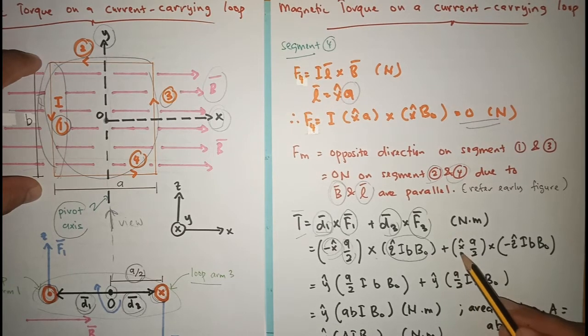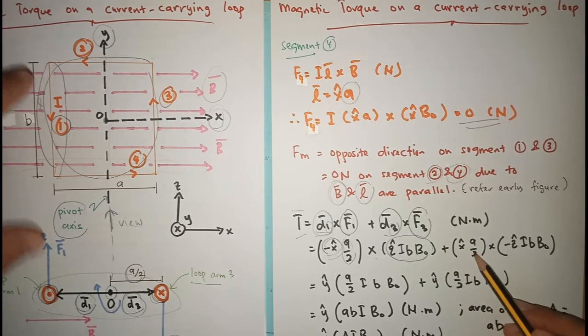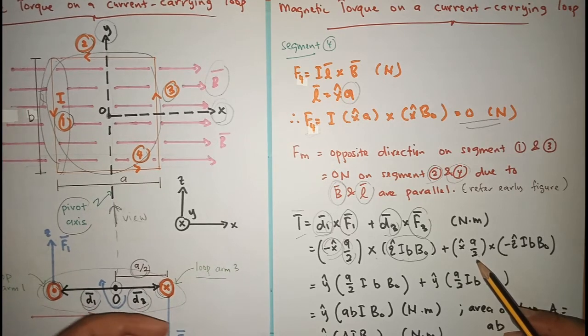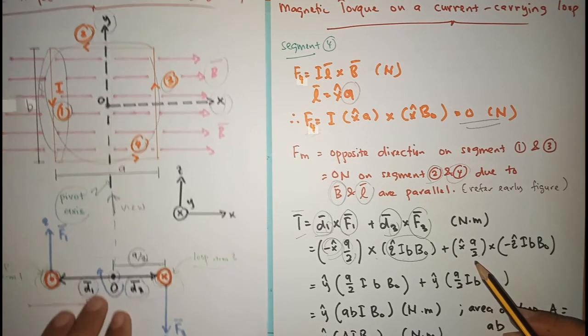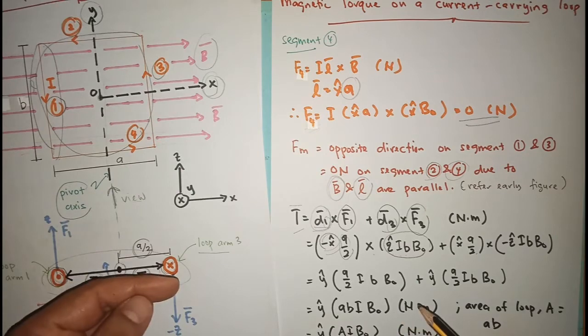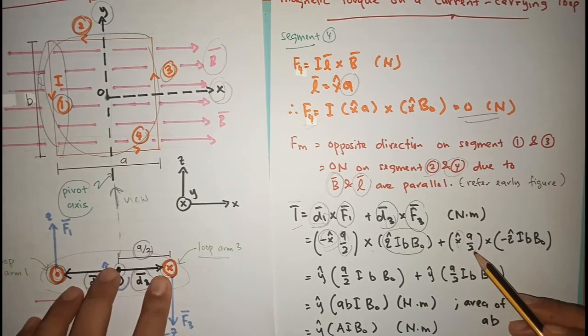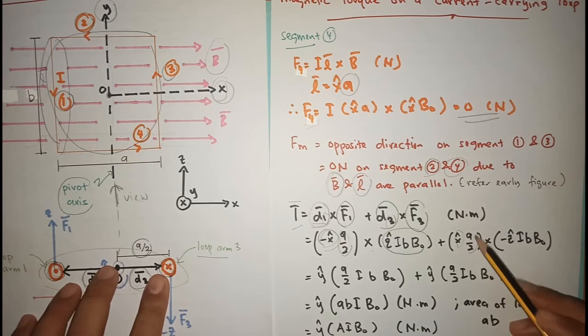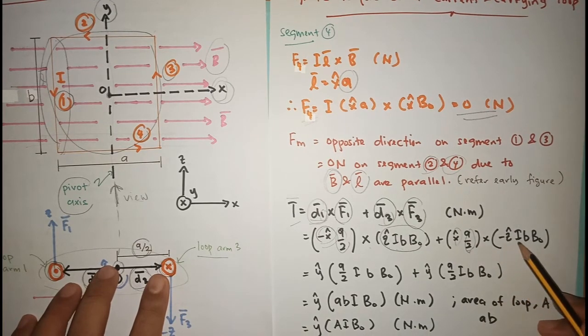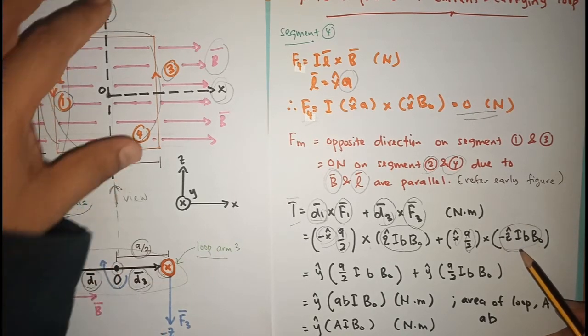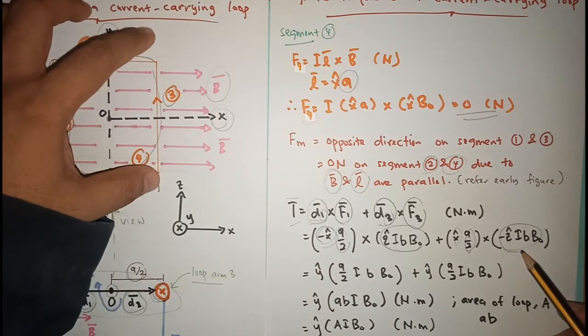Plus x cap half of A, this is the vector D3. The direction is in the positive x direction, so x cap, and the amplitude is equal to half of A, cross with minus I B naught. This is the direction of the force produced on our third segment here.